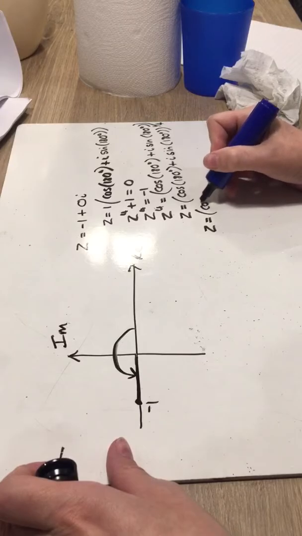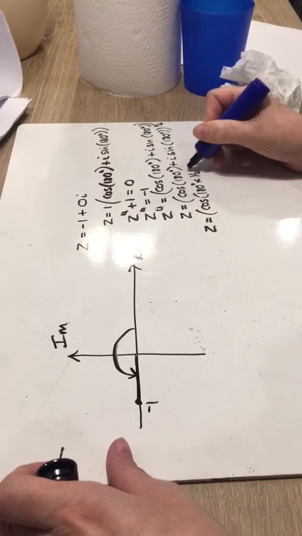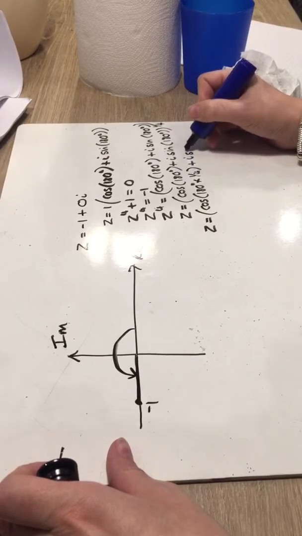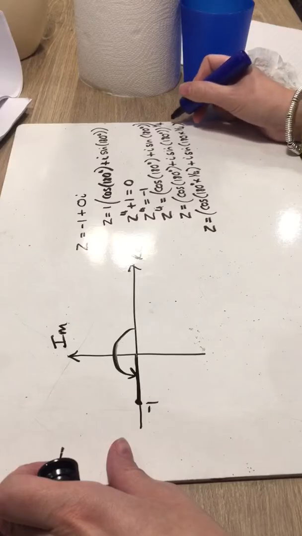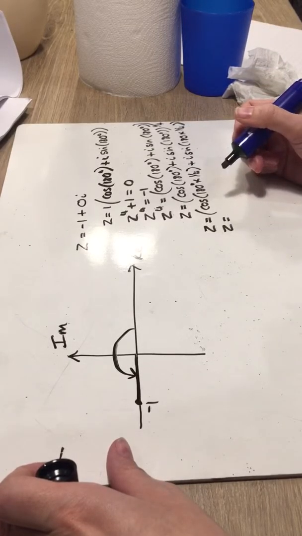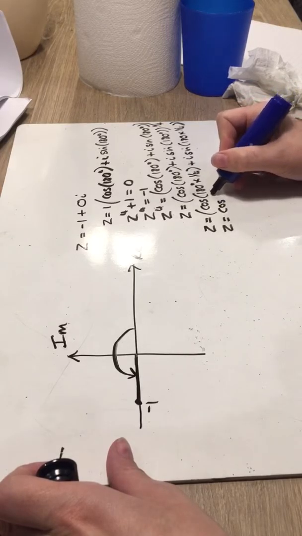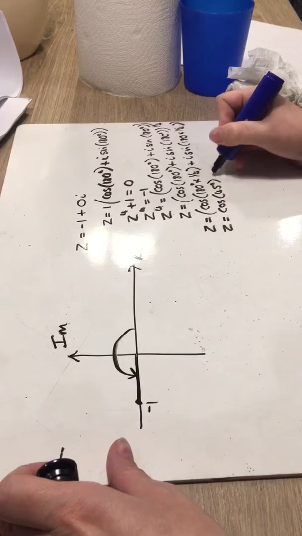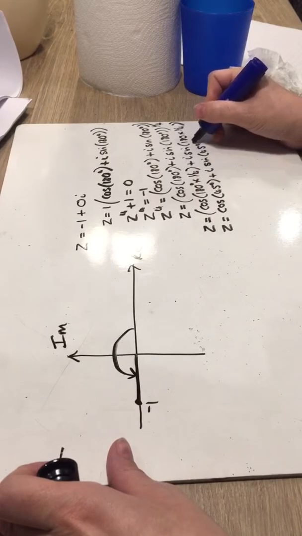So all we need to do is multiply our arguments, in this case, by a quarter. And we know that a quarter of 180 is 45. So that then just becomes cos 45 degrees plus i sine 45 degrees.